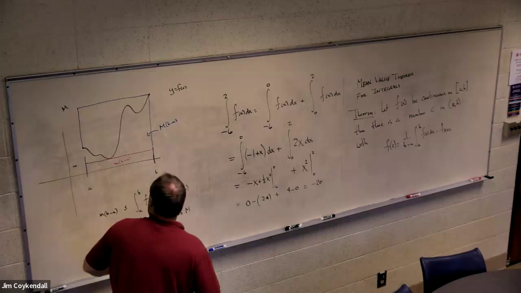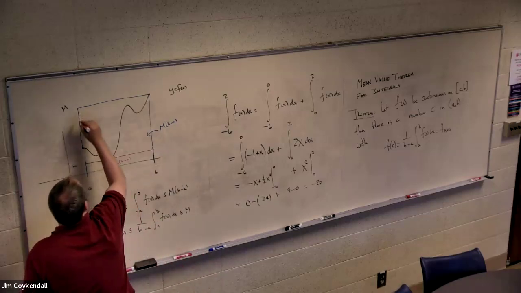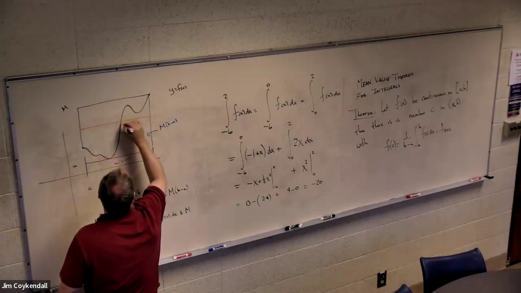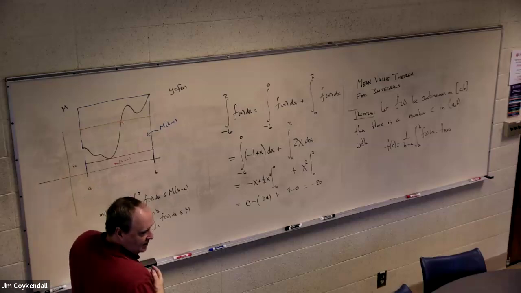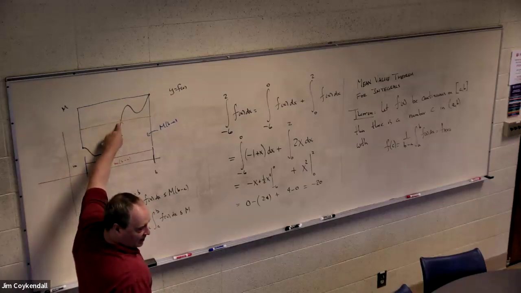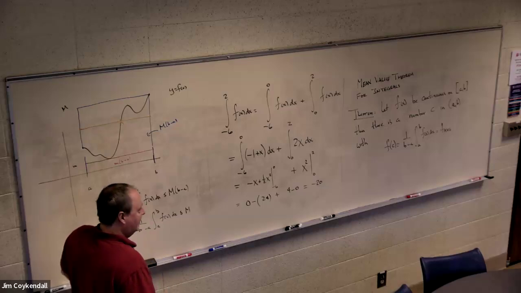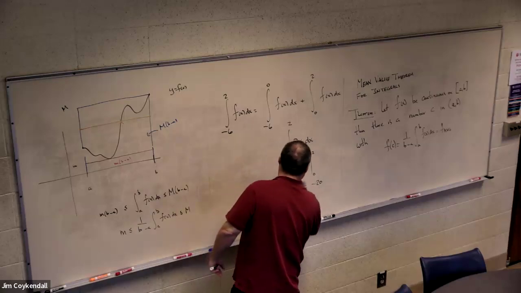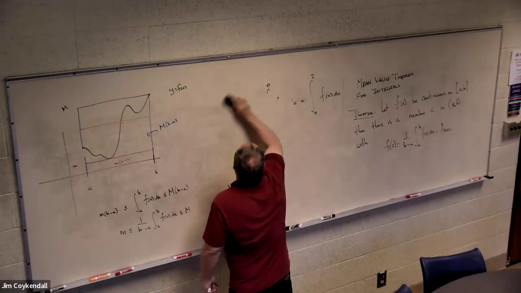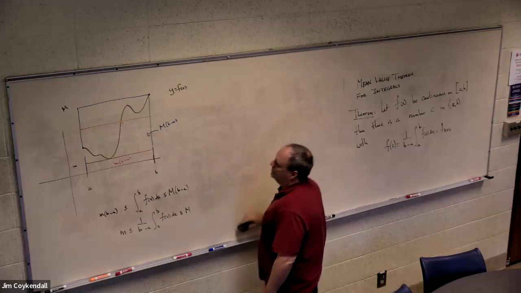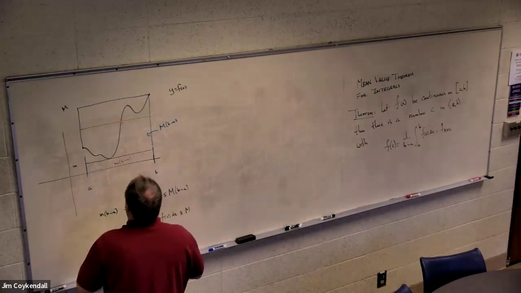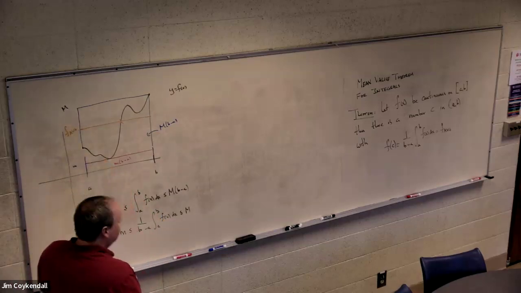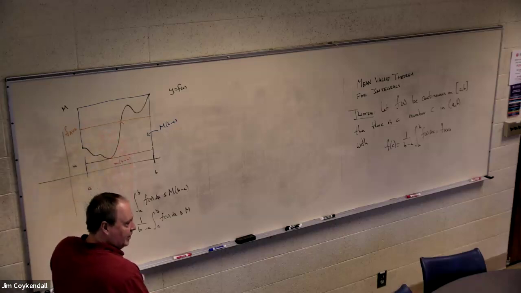So it's got to be somewhere between this y coordinate and this y coordinate. And because the function is continuous, there has to be a place where the value of the function is equal to the average value. Now I'm going to make that very precise.